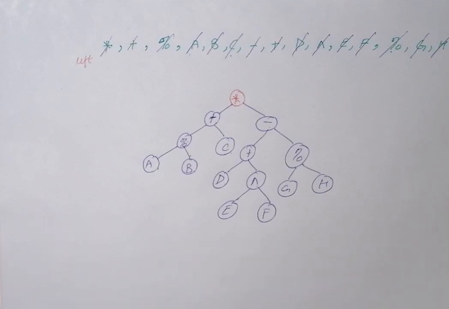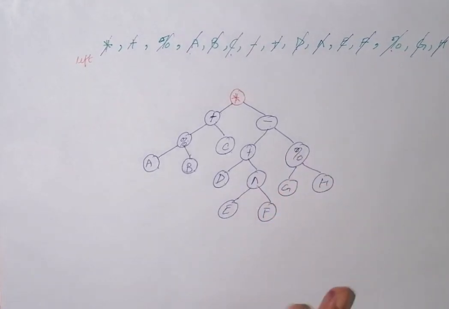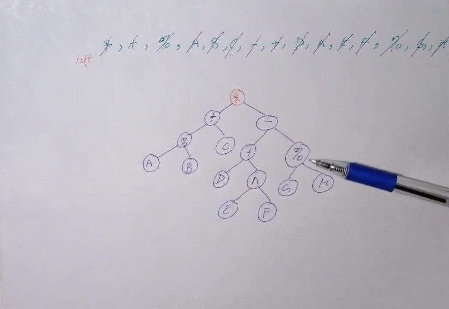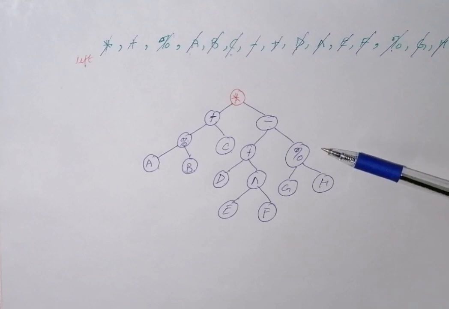You can figure out infix notation and postfix notation just by performing inorder or post-order traversal from this particular tree. If you are not sure whether you have created the correct expression tree for this given notation, you can apply prefix traversal on this tree and you will obtain the same result.